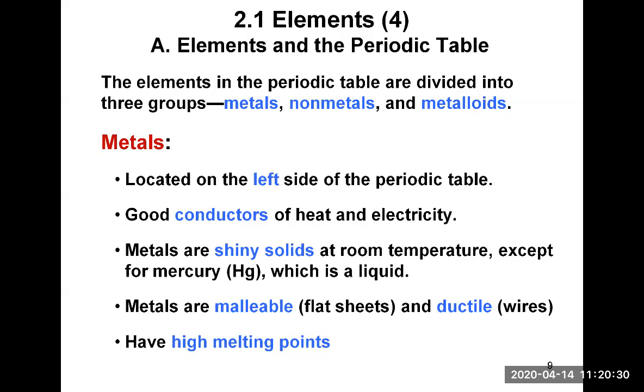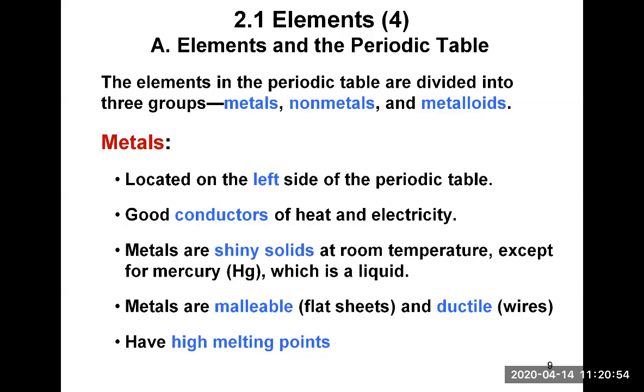You may have seen mercury already in barometers, for example. It's very shiny. It's very heavy. If you were holding a barometer, you would find out. Otherwise, when you think of a metal, it's a shiny solid.